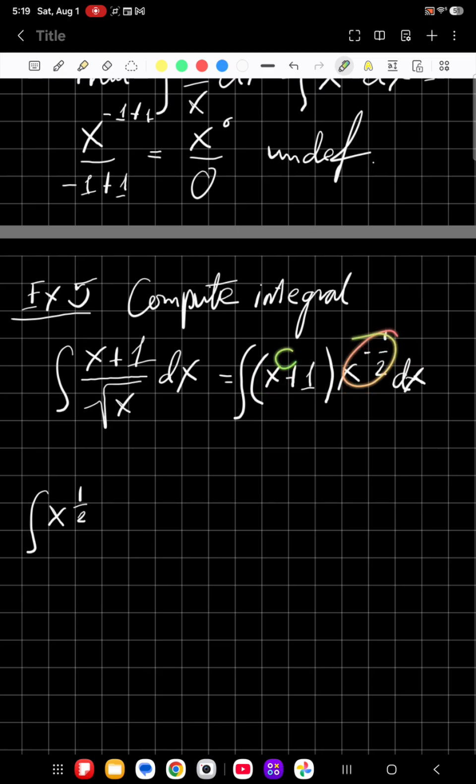I'm adding the exponents, so 1 plus -1/2 is +1/2. So that's where this came from. It's just algebra, right? And then I have plus 1 times x to -1/2, which is just the same thing: x to -1/2.